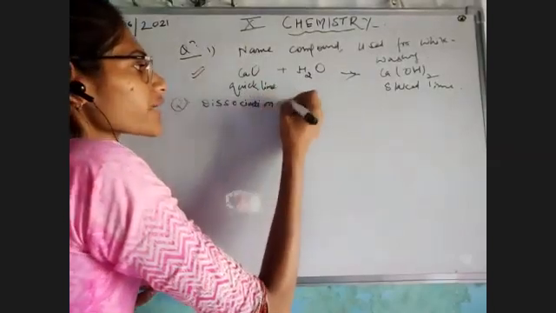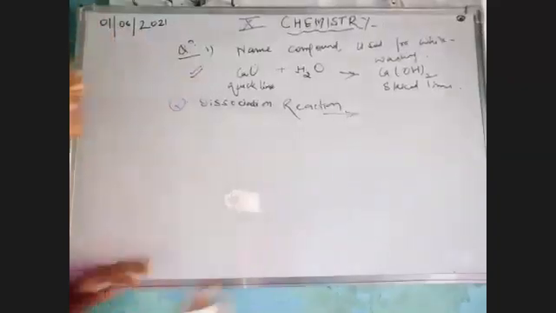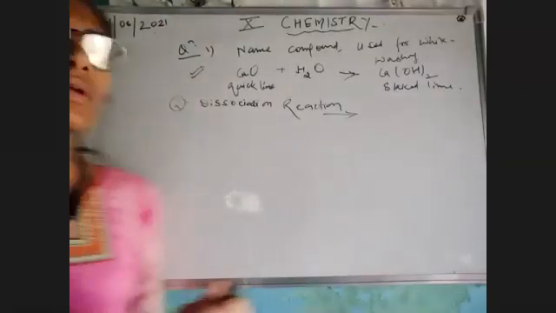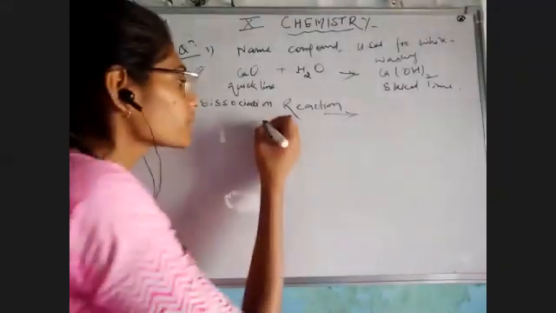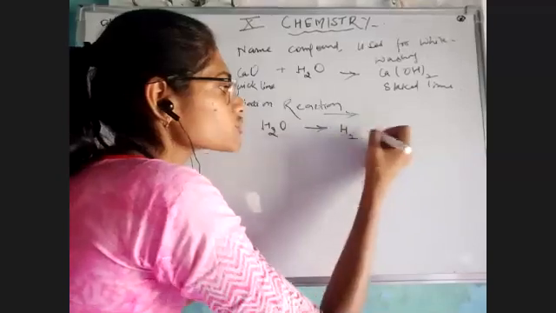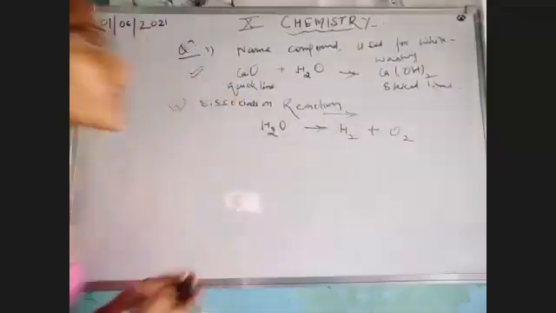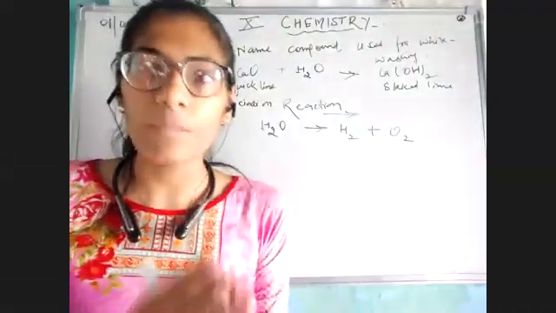A dissociation reaction means a reactant is getting decomposed into 2 or more products. The question we have been given: suppose we have H2O making H2 plus O2. Now first of all, when we see a reaction, we need to balance it.